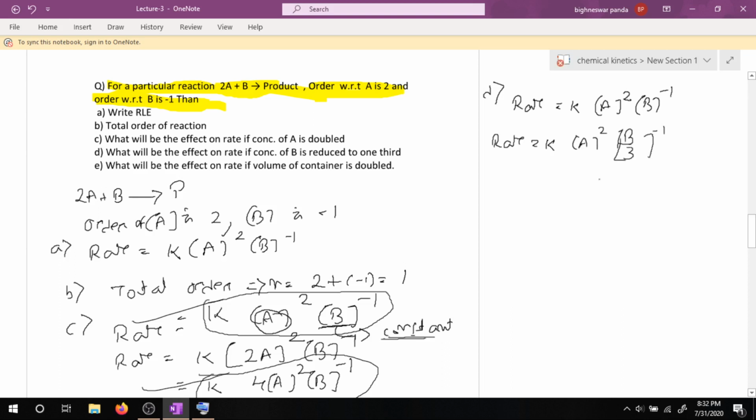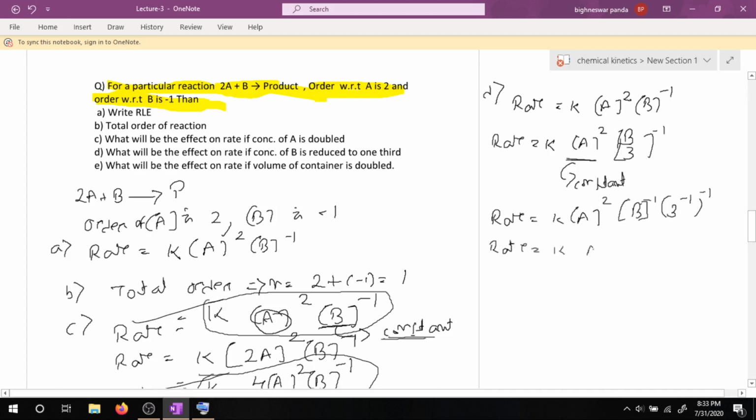Remember one thing, while changing concentration of B, you have to keep the concentration of A constant. So rate is equal to K into A raised to power 2 and B raised to power minus 1, 3 raised to power minus 1 raised to power minus 1. So the rate is equal to K into A raised to power 2 B raised to power minus 1 into 3.